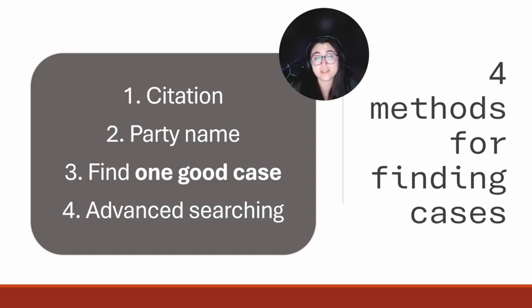Another thing we can do is find one good case. Using either the methods above or just using our advanced searching, we can find a case that is really, really relevant and helpful to us, and then from there use all of these citator tools to find something that is more relevant to us via jurisdiction, via recency, all that kind of good stuff. And lastly, we can do some advanced searching to find something out of the blue if we really, really need to.